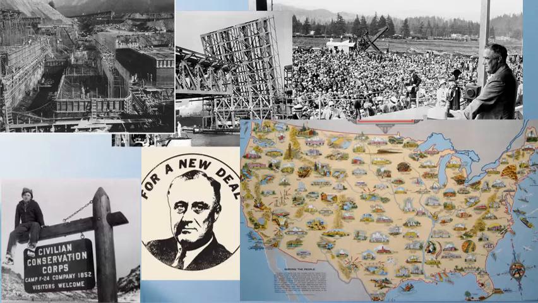And all of US infrastructure is really built on FDR's New Deal, right? There hasn't been a major injection into infrastructure since, and a lot of the US infrastructure is actually crumbling a little bit.